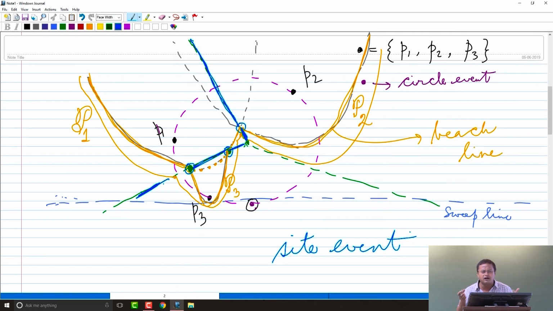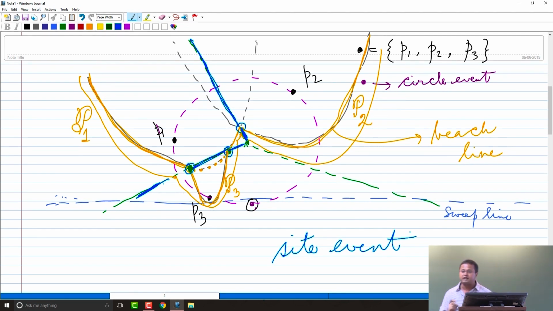This you can store as a balanced binary search tree, fine, but the index is the increasing x coordinates from left to right. The moment you get P3, look at its x coordinate and do a binary search, and then you can figure out which part of the parabola it is going to hit. It is a log n kind of operation, fine. Then you now know how this new beach line will behave.